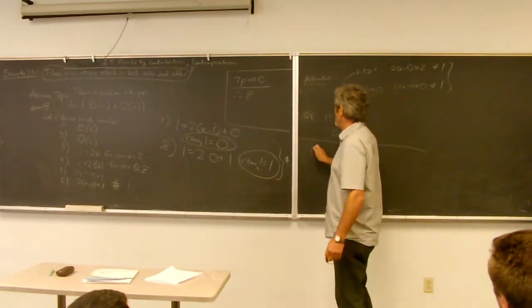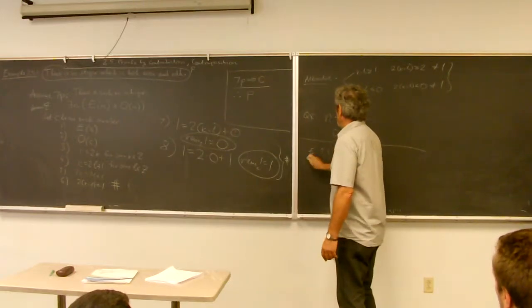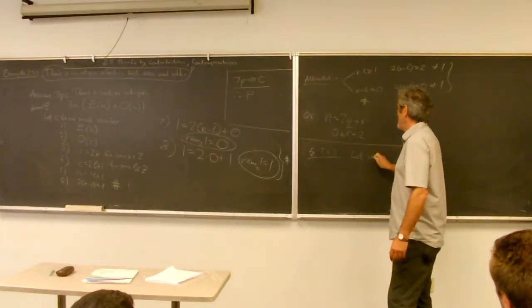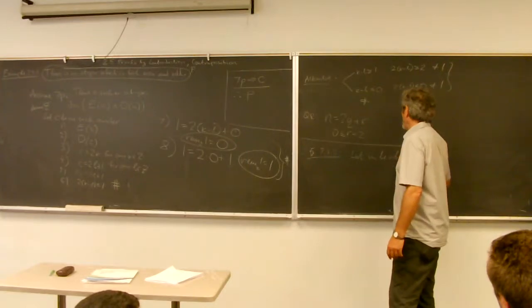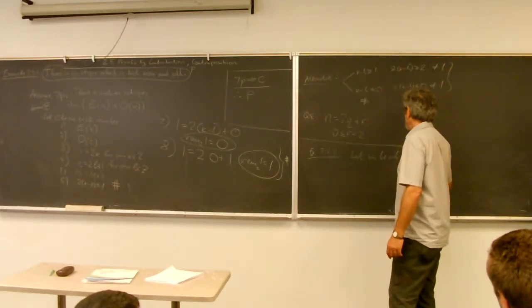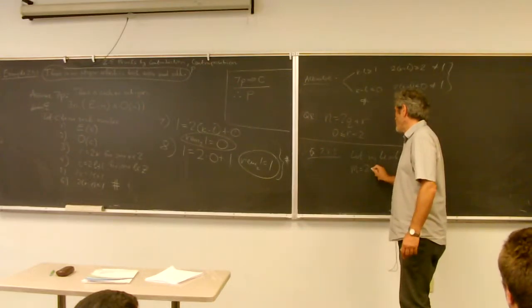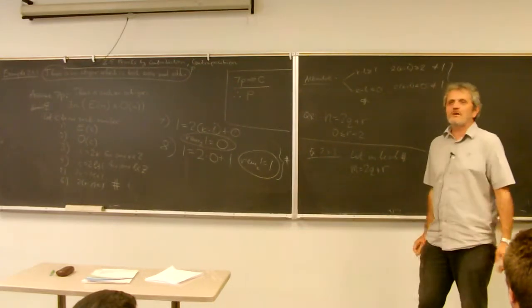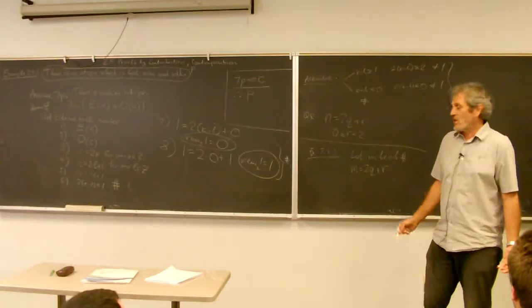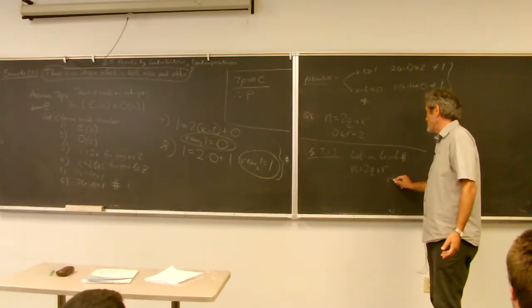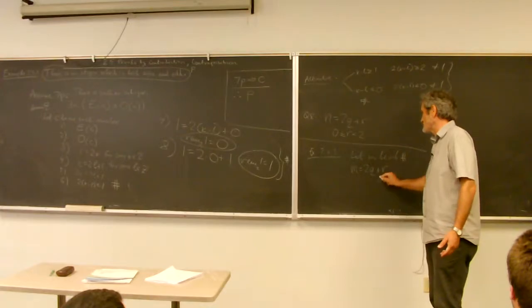Example 252. Let m be an arbitrary number. Then m equals 2q plus r. Is that what quotient remainder tells us? Where r is less than 2 and greater or equal to 0.